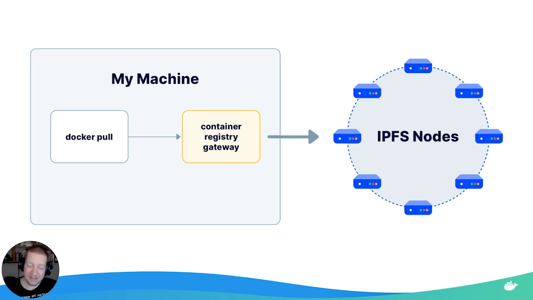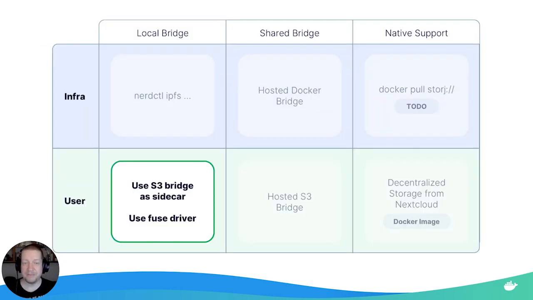IPFS is a data routing protocol. That's one reason why we didn't mention it earlier, because it's slightly different. It doesn't really talk about how the data is supposed to be stored on specific nodes. It talks about the way the data can be found.